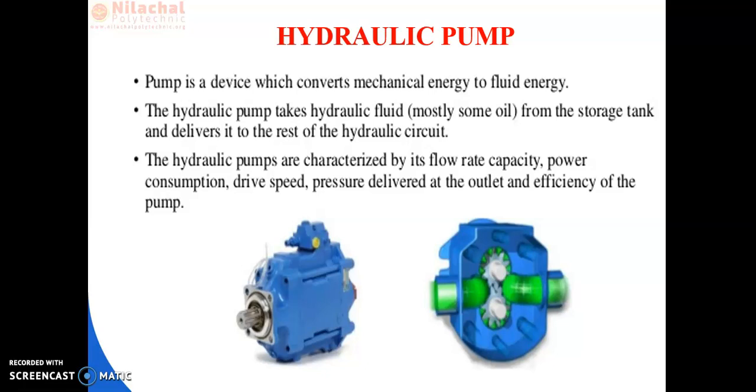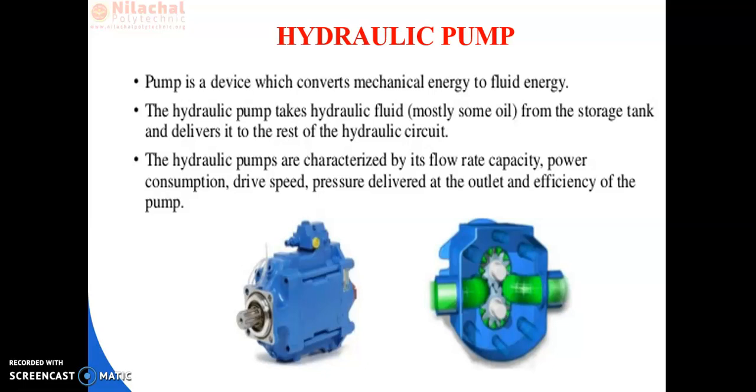Flow rate capacity is the indication of how much liquid can be obtained per second at the outlet of the pump, that is, how much volume of liquid can be supplied to the hydraulic circuit.